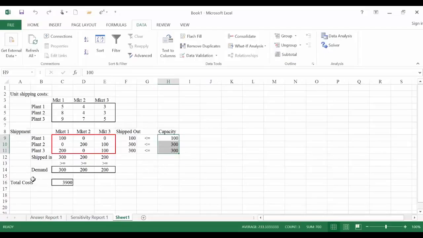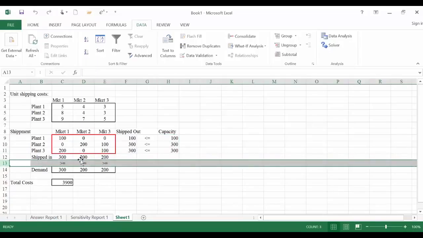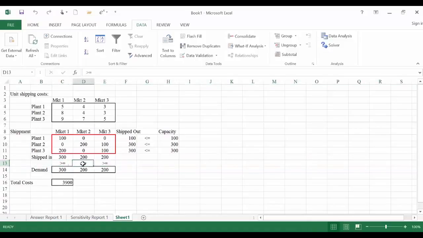Then you need to include additional decision variables, which we call the shortage for each market. There is an example also posted online, called the transport 1 case. In that case, we need to include additional decision variables. So here you can simply insert another 3 decision variables.